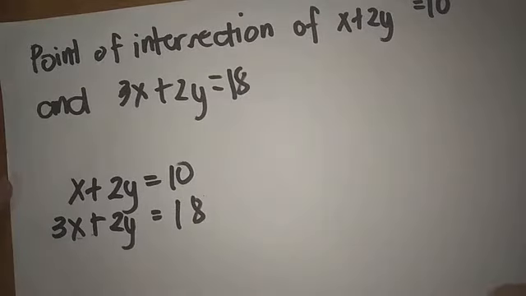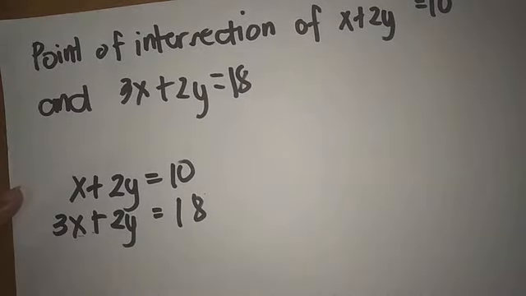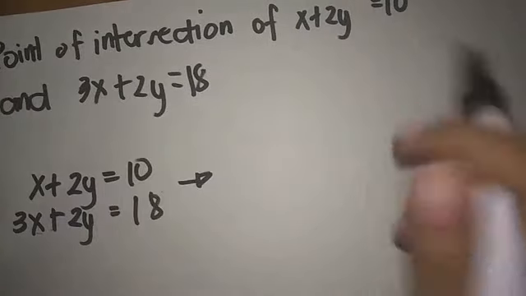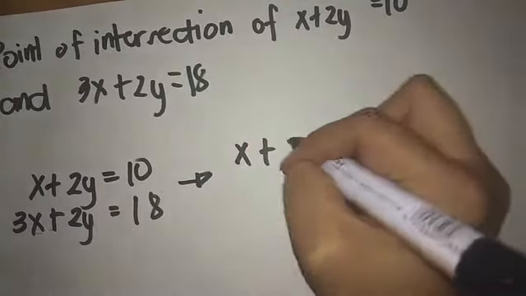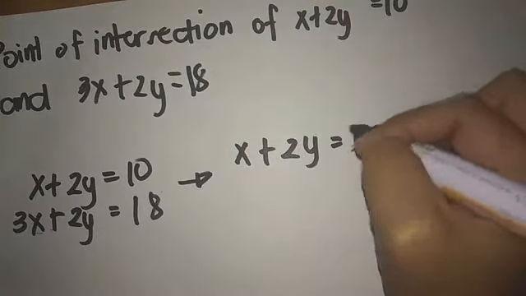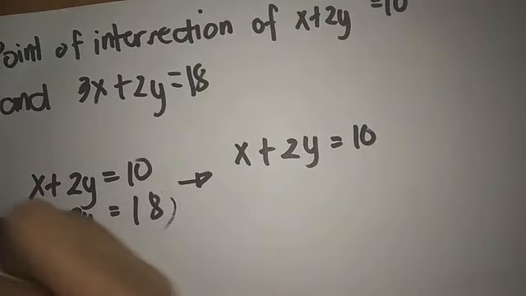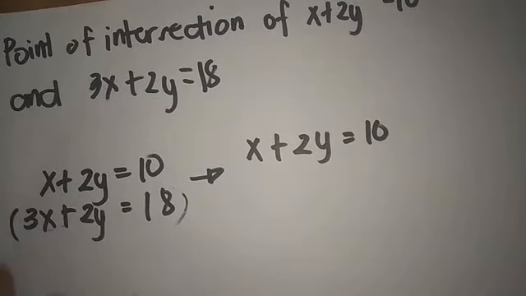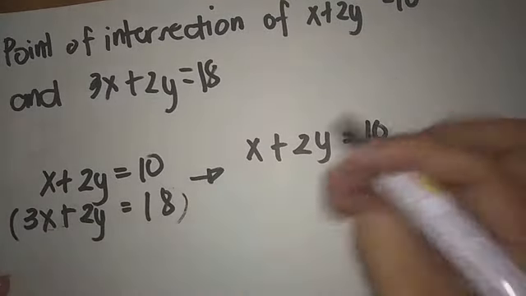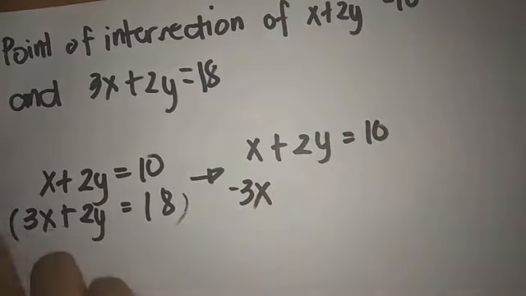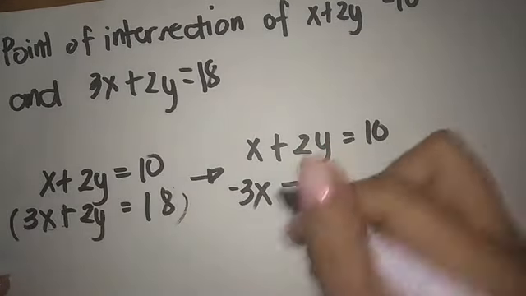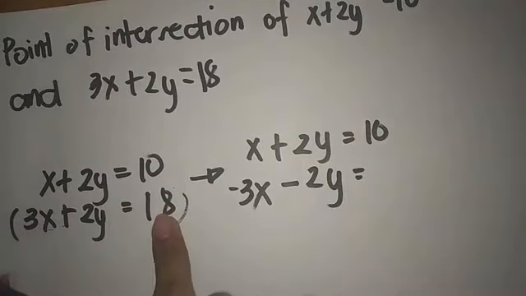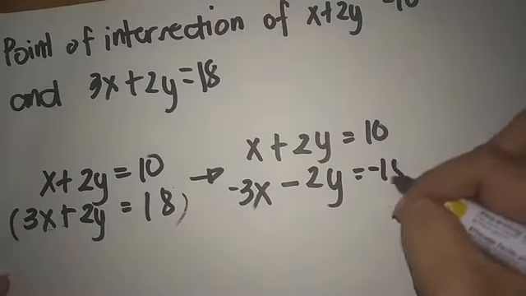Papalitan lang natin ng sign. So, we have x plus 2y is equal to 10. Ito ay i-multiply mo sa negative. So, magiging negative times 3x is negative 3x. Then, negative times positive 2y is negative 2y is equal to negative times positive 18 is negative 18.